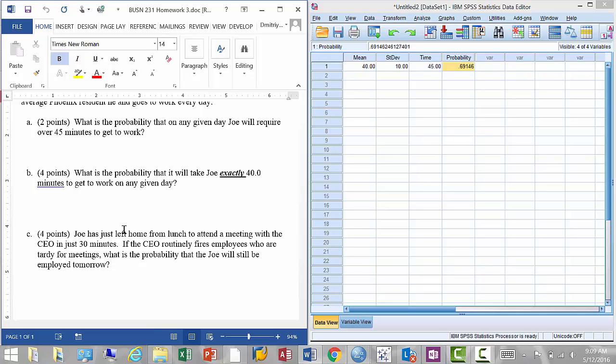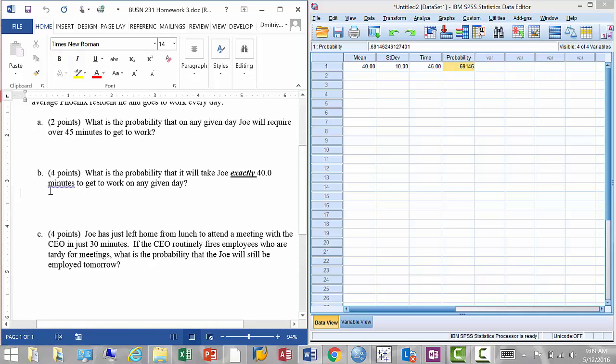On some days, he's going to just breeze through, taking like 15 minutes. On some days, the traffic is going to be so badly congested that it will take him over an hour. Not a lot, but every once in a while that will happen. So infinitely many different possibilities, so many that the probability of each one specific value is just 0, negligibly small. So this one is 0.